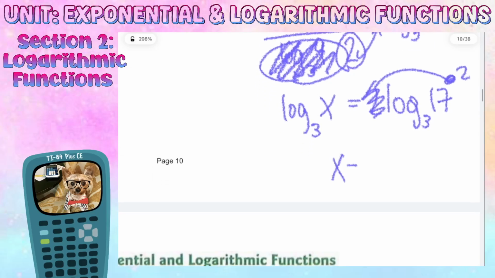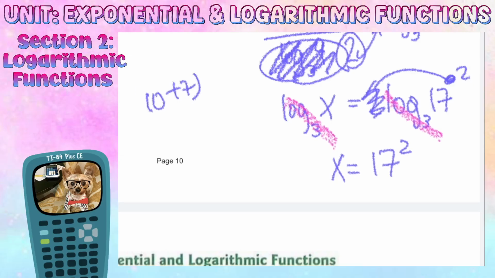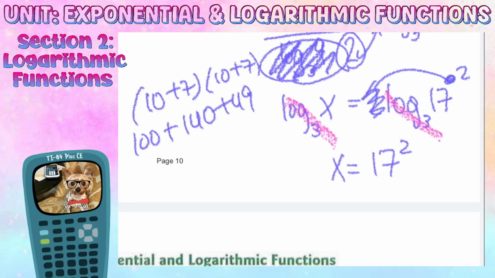So that means x equals 17 squared, because I'm going to use the one-to-one property to ignore my log base 3's, and 17 squared is whatever the heck it is. 10 plus 7 times 10 plus 7. And that is 100 plus 70, 70, 140 plus 49. Oh yeah, 289. I knew that. I'm tired. I forgot.